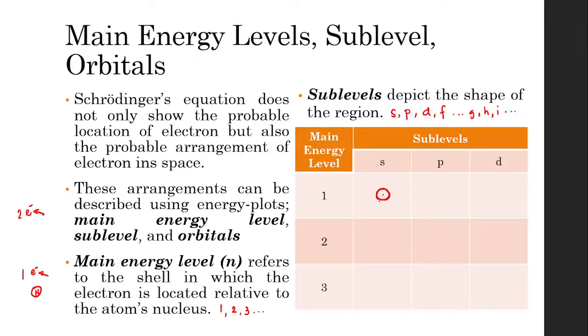Interestingly, one thing I want you guys to remember is that these sublevels are determined by the main energy level. If you have a main energy level of 1, it means you only have one sublevel.